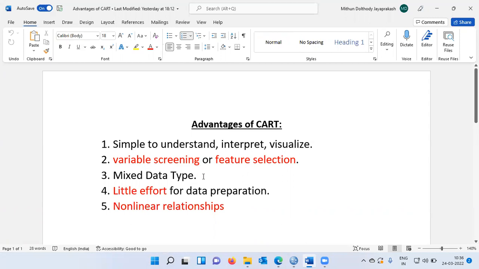It can handle mixed data types. It can handle both categorical as well as scale variables. Little effort for data preparation. It can be used to model non-linear relationships. Two additional points which I have not highlighted here are that it gives me binary splits, and the formula it uses to construct the tree is what is called Gini's measure.